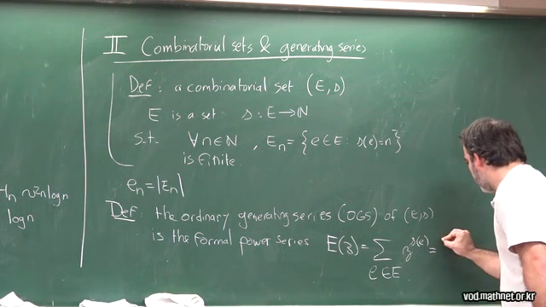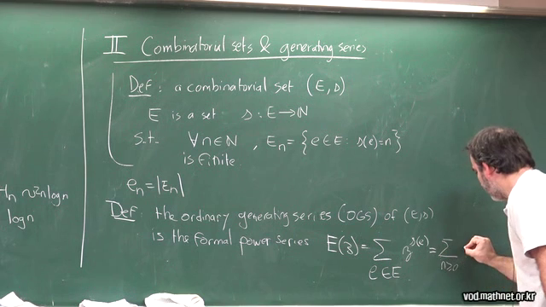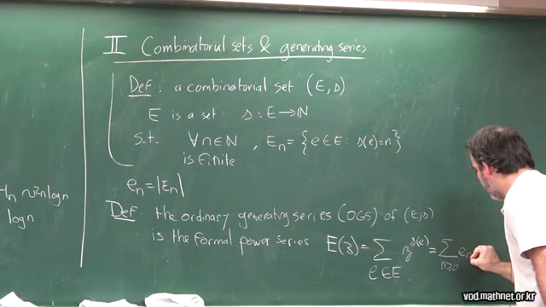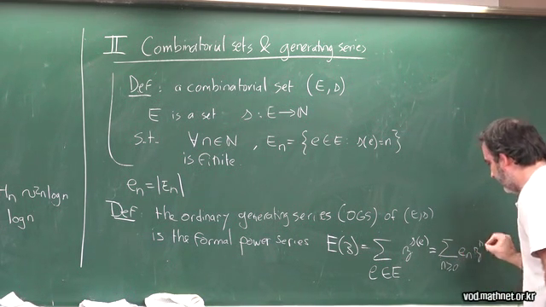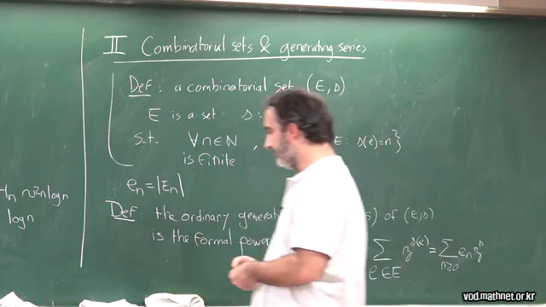So you can also write it this way: this is the sum over all integers n of e_n z to the n. Okay? And the important thing is that it is a formal power series. I don't care about convergence or things like that at this point.